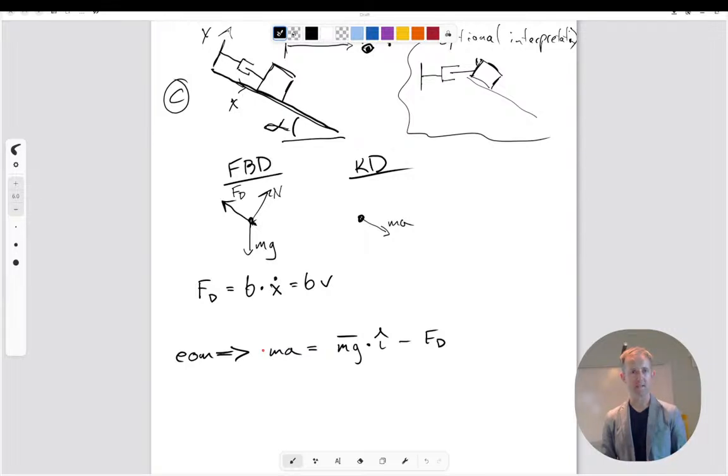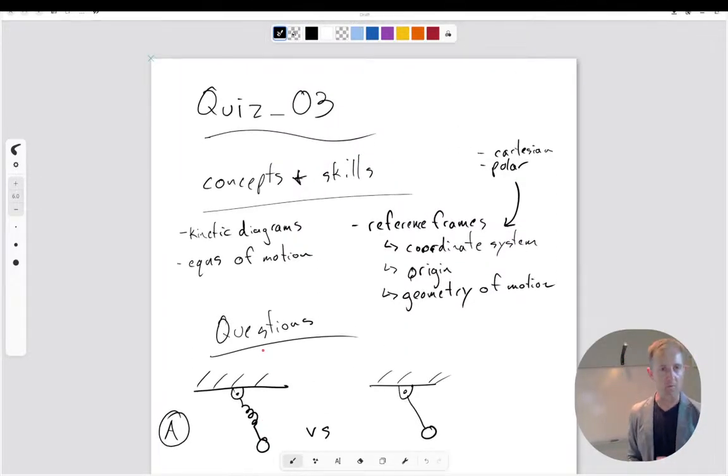And pausing for just silence for questions or comments. What are you thinking about? I'm fine. This seems like a pretty nice collection of skills and concepts that we're working on. Identify a problem.